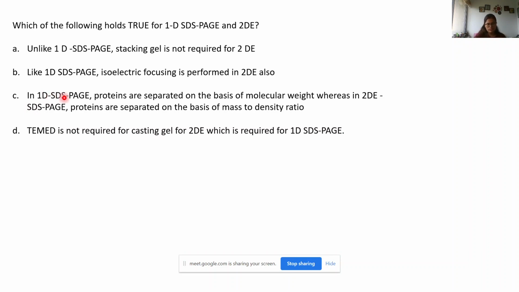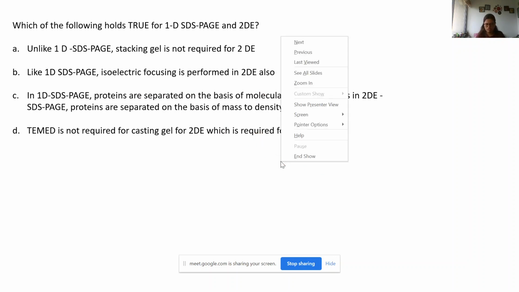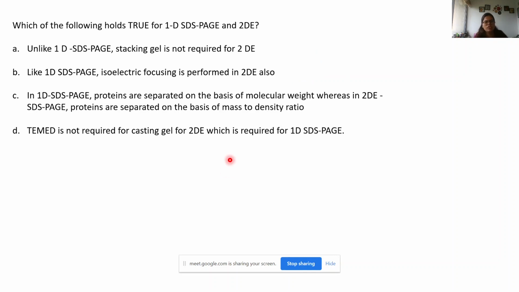In 1D SDS-PAGE, proteins are separated on the basis of molecular weight, correct? Whereas in 2DE, proteins are separated on the basis of mass to density ratios. So are we separating in two dimensions based upon mass to density ratio?